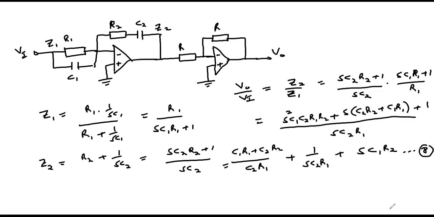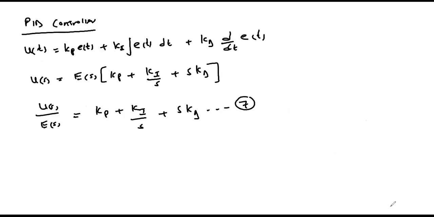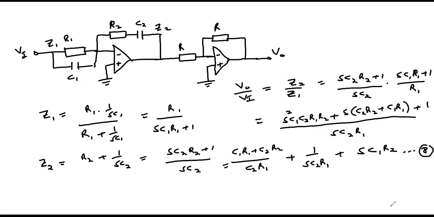We proceed to compare equation 7. Allow me to rewrite equation 7. Equation 7 is Kp plus Ki over S plus S Kd. This is our equation 7.